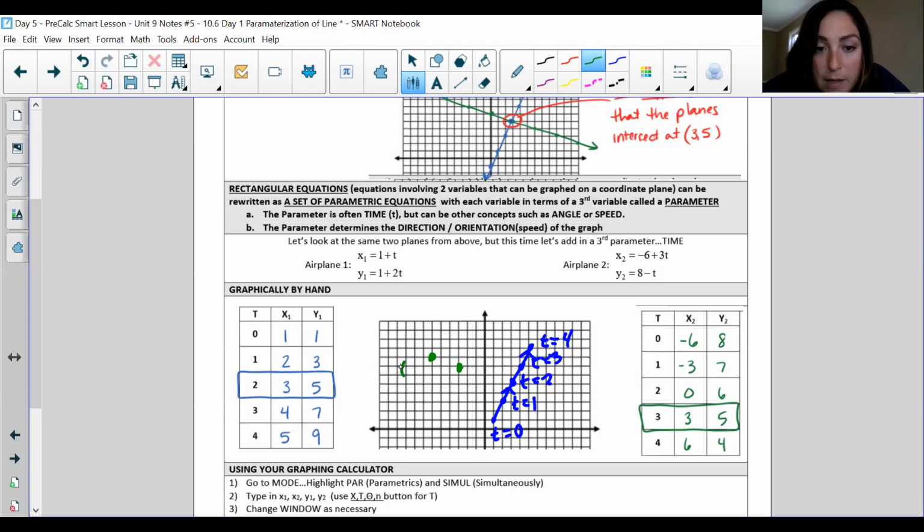At time equals 2, we're at 0,6. At time equals 3, we're at 3,5. And at time equals 4, we're at 6,4.